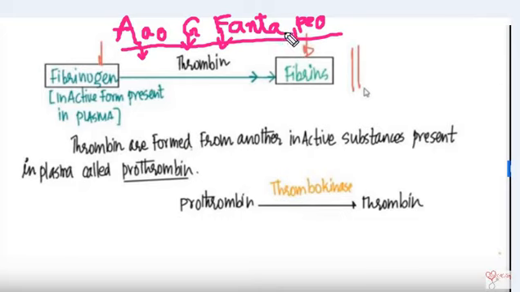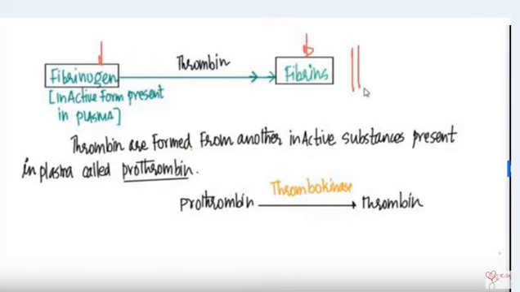Here fibrinogen is also a plasma protein. It is present in inactive form in the plasma. It remains inactive in plasma. Now, how is this inactive fibrinogen activated? This inactive fibrinogen is activated with the help of thrombin.